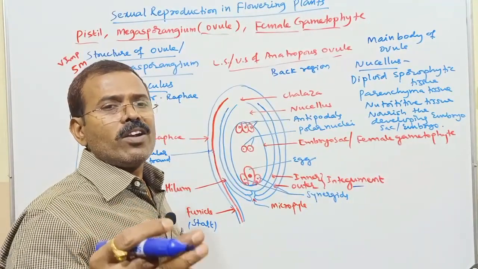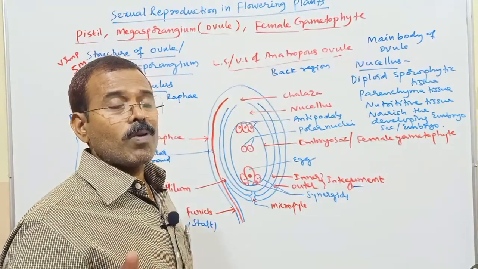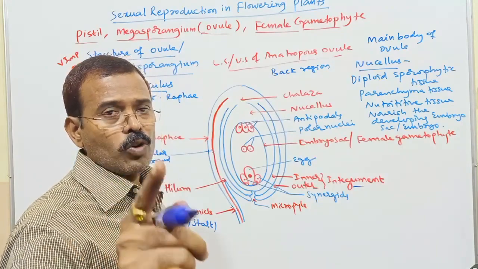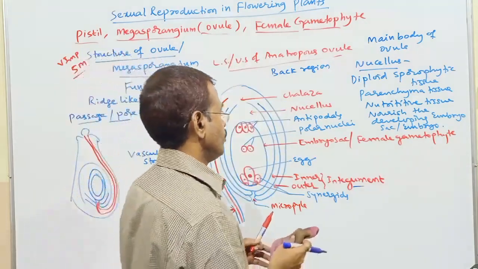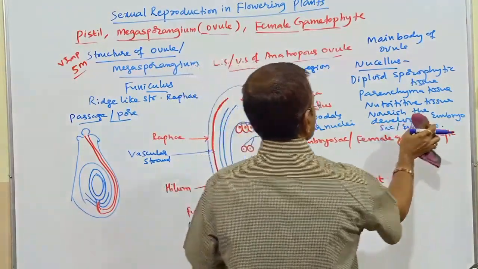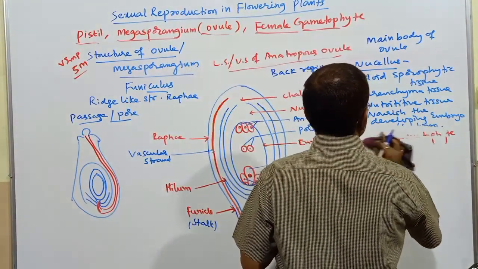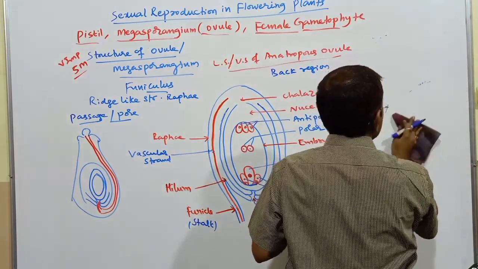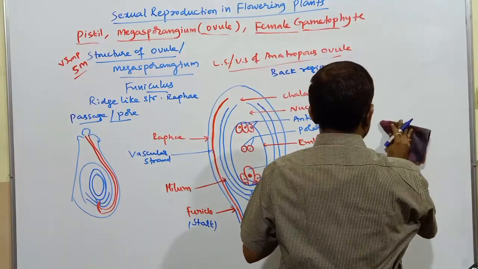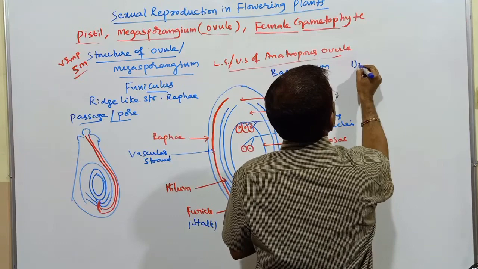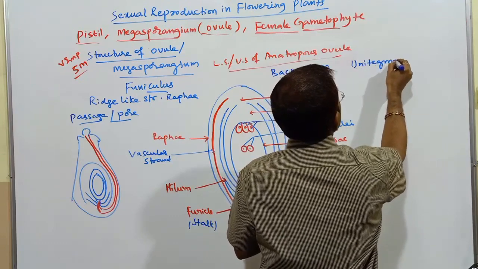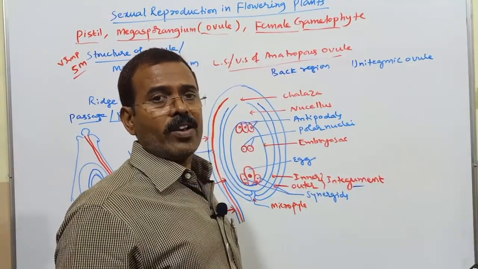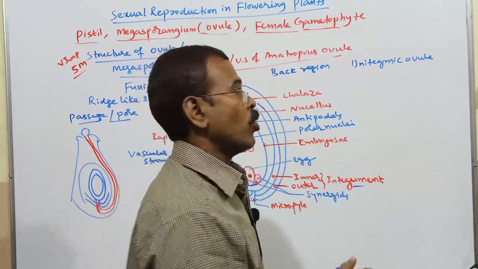The number of integuments is variable. In some plants only a single integument will be there. When the ovule has a single integument, it is known as a unitegmic ovule.